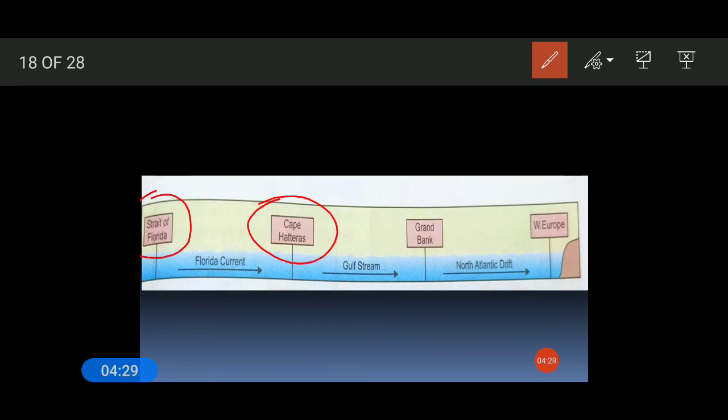Then next, immediately followed by Florida, is the Gulf Stream that flows from Cape Hatteras to Grand Bank, and from Grand Bank to West Europe, the North Atlantic Drift. This is also a warm ocean current that flows towards the northeastern side, towards West Europe. So we'll be discussing all these ocean currents one by one.